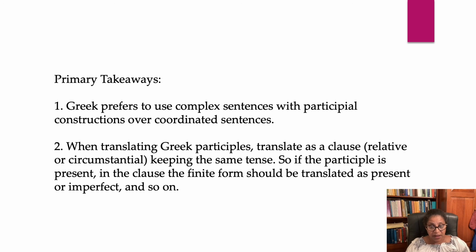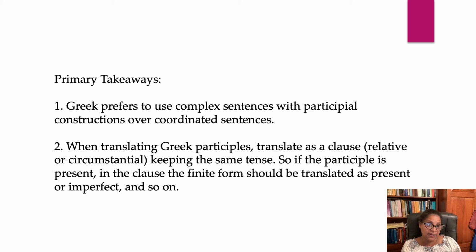So that's number 1. The corollary of that is that if you're translating a Greek sentence, and it kind of makes better sense to see the two verbs as coordinated in English, you can do that, but that's a very rare situation.